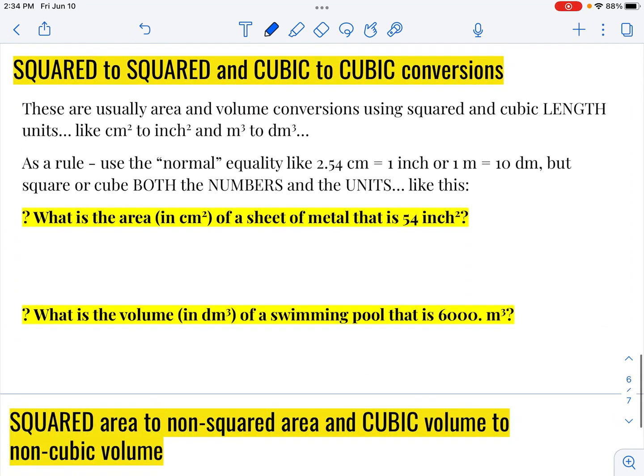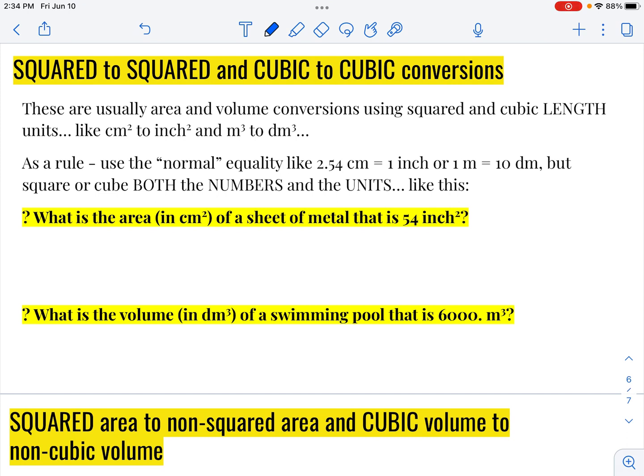Okay, now we're going to shift to squared and cubic to cubic conversions. And this, some of you have done and some of you have not, so I definitely want to make sure that we give you a chance to learn this. But this is where we're talking about a conversion from a volume in cubic length to another volume in cubic length, or a conversion of an area.